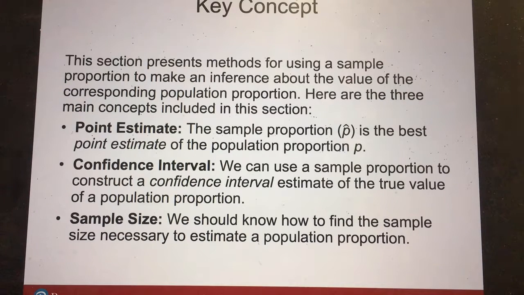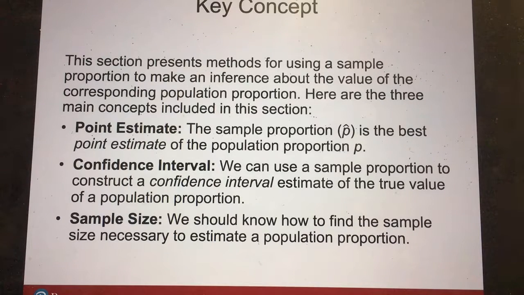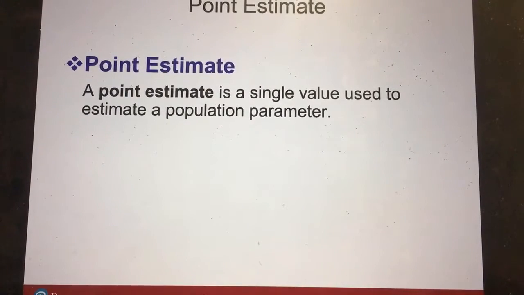And then we're going to show different methods so that you can figure out what is the needed sample size in order to be able to estimate the population proportion given the level of confidence that we want to estimate it to.